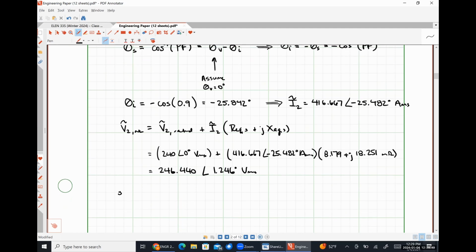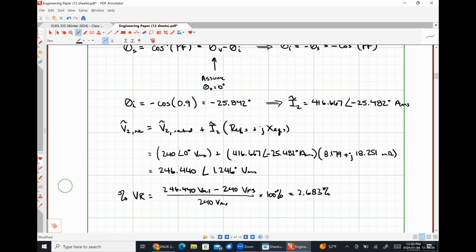From this, our percent voltage regulation is the magnitude of that voltage, so 246.440 volts RMS minus our rated voltage of 240 volts RMS divided by our rated voltage of 240 volts RMS times 100%, and this comes out to be 2.683%. So this particular transformer does a pretty good job of voltage regulation.